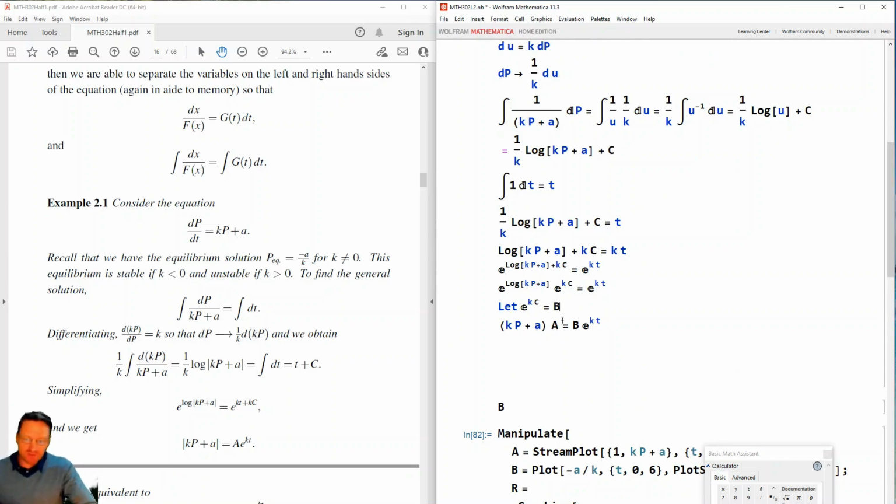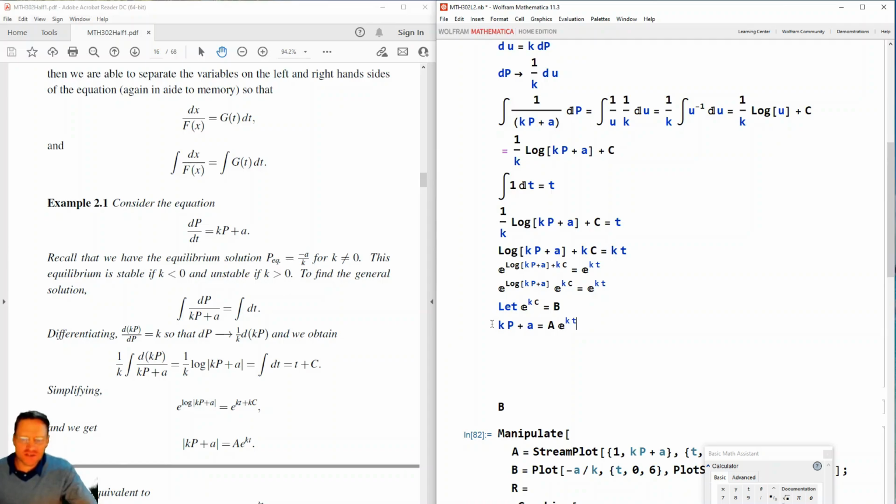So I can simplify this by letting this one be B, and then we have this, and then we divide throughout, and let's call 1 on B equal to A. So we end up with this.